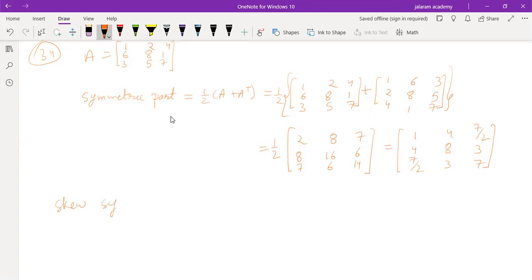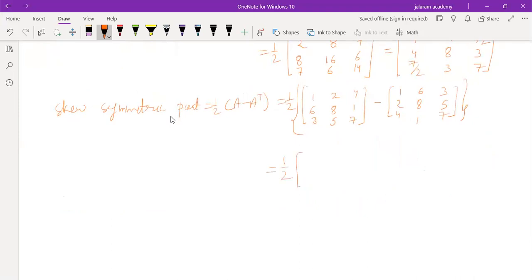Skew symmetric part is half of A minus A transpose, that is half of A, 163, 285, 417, minus 124, 681, 357, equals half of 1 minus 1 is 0, 2 minus 6 is minus 4, 4 minus 3 is 1, 6 minus 2 is 4, 8 minus 8 is 0, 1 minus 5 is minus 4, 3 minus 4 is minus 1, 5 minus 1 is 4, 7 minus 1 is 0.